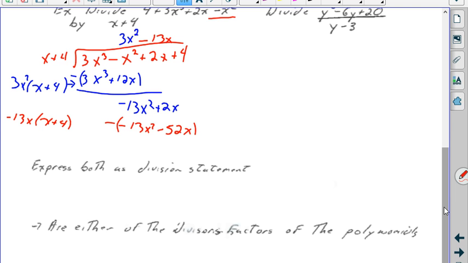Subtract that, because we want to get what's remaining. 13x squared disappears. 2x minus a negative 52x is going to be a positive 54x, and I'll bring down my 4.